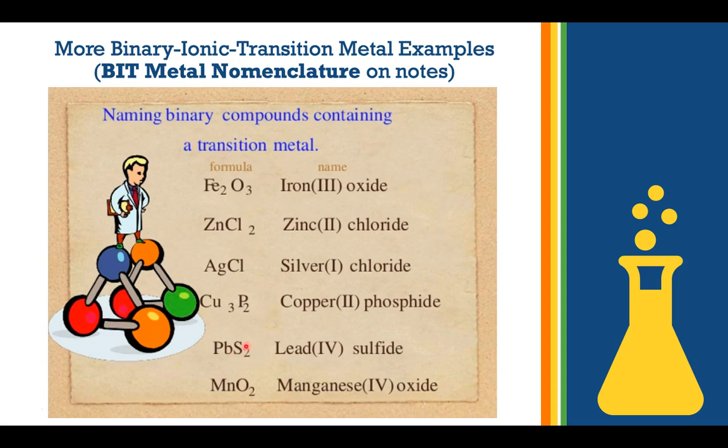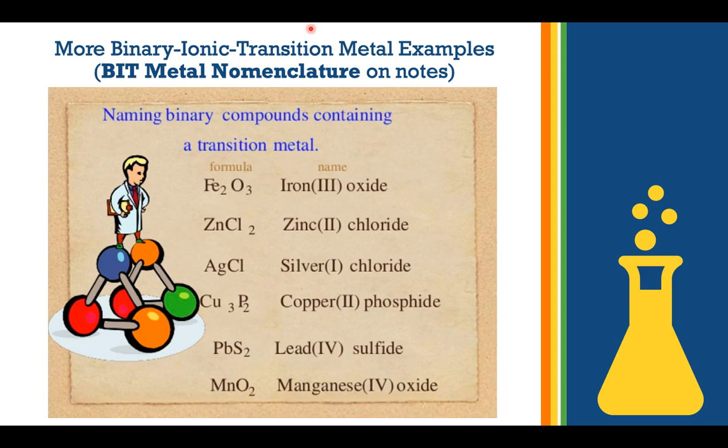See, this has a subscript of 2, but it's lead 4. Why is that? Well, it's because when you're balancing the electrons, you necessarily have to have 2 sulfurs, okay? Because sulfur, let's see here, CNOFPSCl, okay?